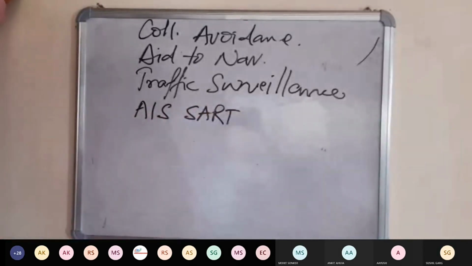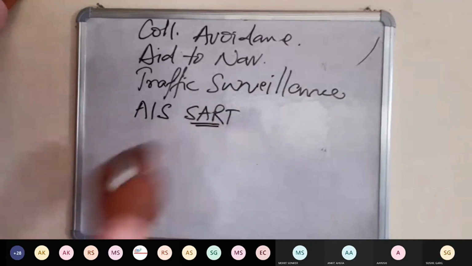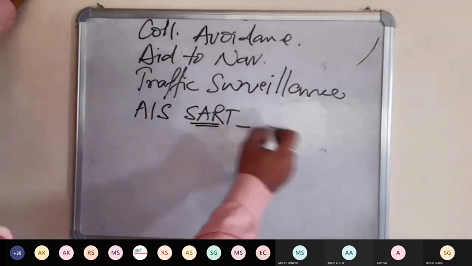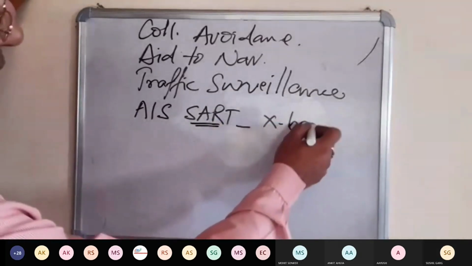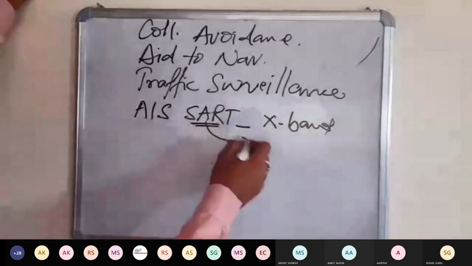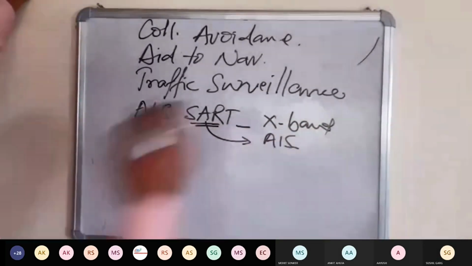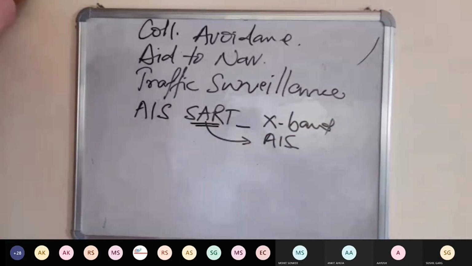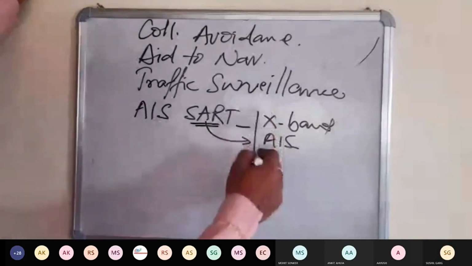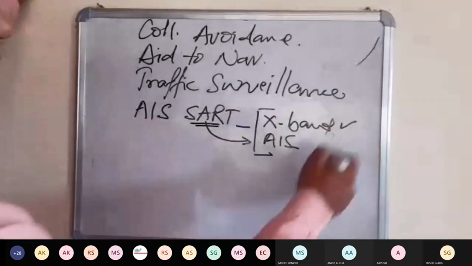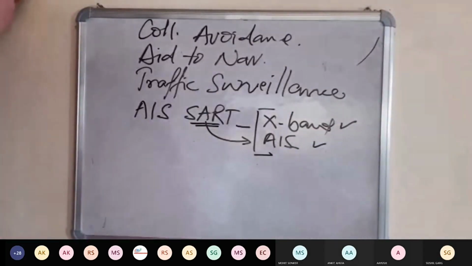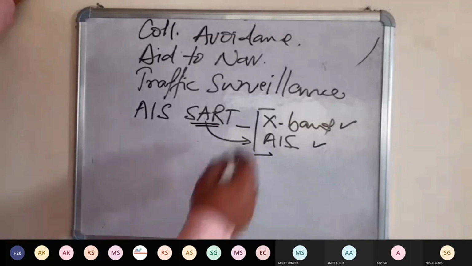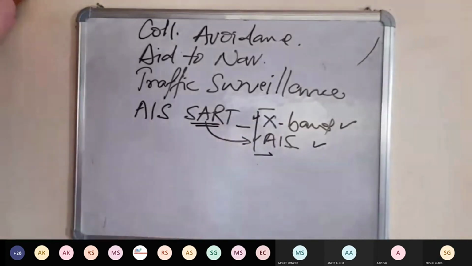In GMDSS, SART was required, which was working on X-band radar, but now it is also allowed that it will work on AIS. So we can have a combination of X-band and AIS SART, where two SARTs are required. One can be X-band, the other can be AIS. When in sea area A1, it can be X-band or AIS, anyone.